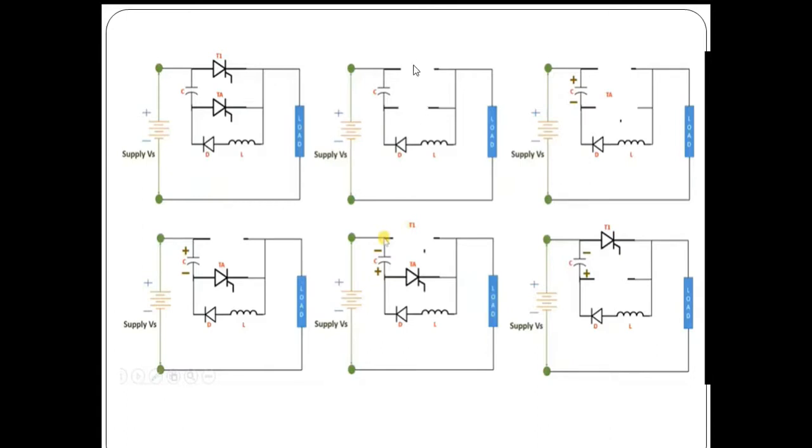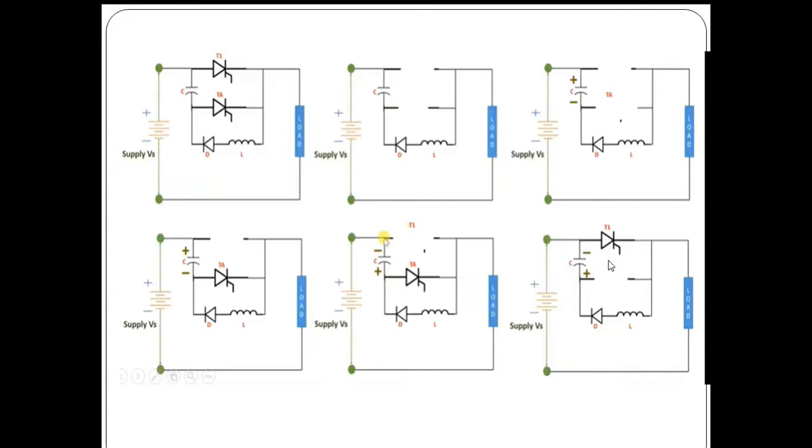Initially both the thyristors are off and the capacitor is fully charged. We are turning on main thyristor T1 by applying a trigger signal. The current will be flowing through the load because of supply and the load will be having voltage, and at certain time we need to turn off thyristor T1 due to load requirements.